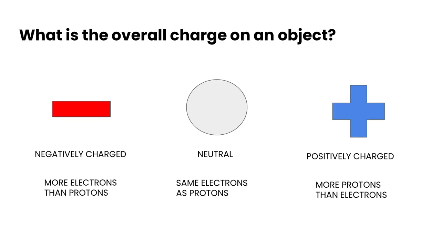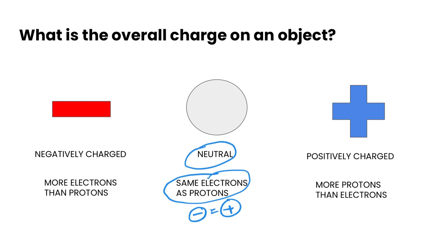So in terms of the overall charge of an object, it depends on the balance between electrons and protons. In a neutral atom, we have the same number of electrons as protons, so the negative charges equal the positive charges.